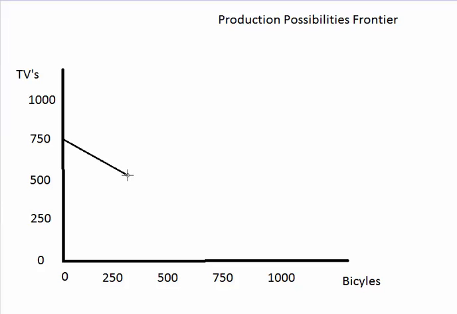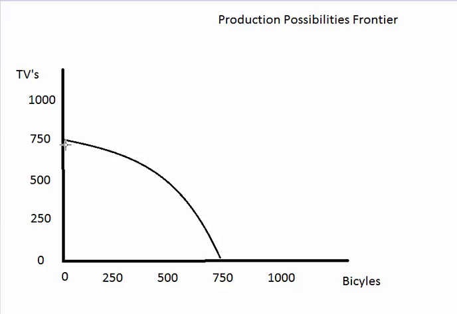We're going to say it's going to go from 750 to also about 750 on bicycles, and it's going to be curved here, and this line right here is going to show how many TVs and bicycles only, or a combination of the two, this nation can produce.